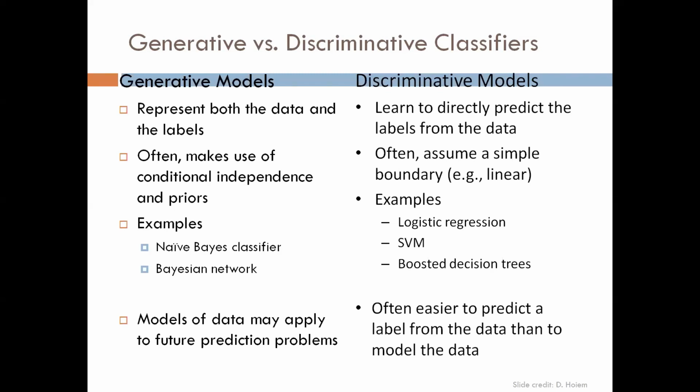But after some time, you have seen that someone has cleaned the room, so your probability belief will update with respect to time. You will say, oh, no, 50% chance it might be leakage of a tap from the toilet, or 50% chance such and such person has cleaned the room. So like this, a belief network. So Bayesian networks and Bayes classifier. A model of data may apply for future prediction, correct? Discriminative models have discriminative capabilities, learning to directly predict the label from data. So like logistic regression, SVM, boosted.